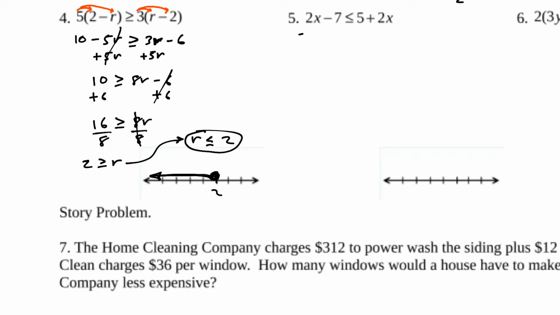So I'm going to subtract 2x on the left side, and I'm going to subtract 2x on the right side. But wait a minute, they cancel out and make 0 on the left and on the right. So now all I have left, if I bring down my left-hand side, is negative 7 is less than or equal to 5. And I think you guys can see that that is true.